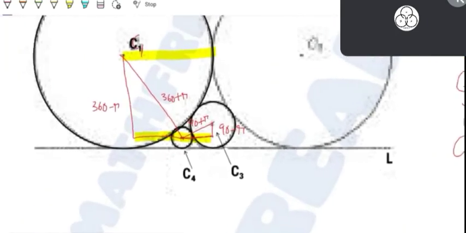So let me name this as A, this is B, this is C. AB plus BC equals 360.